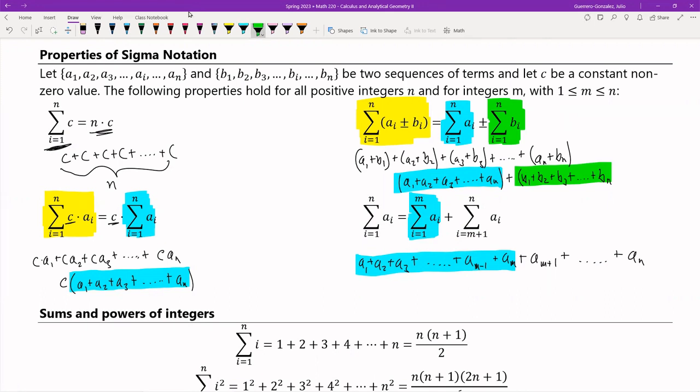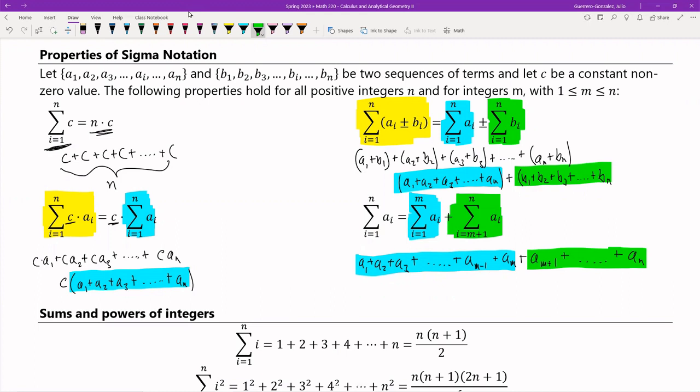And then what follows, I'm starting at M plus 1 and finishing all the way up until N. That is this summation right here. So that M value can be anything between 1 and N, and you just split it right there down the middle.